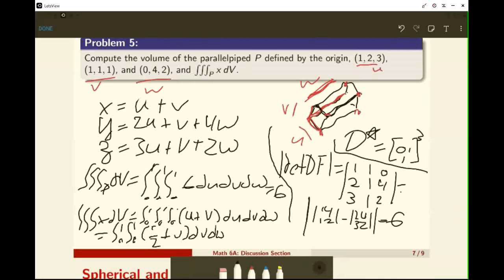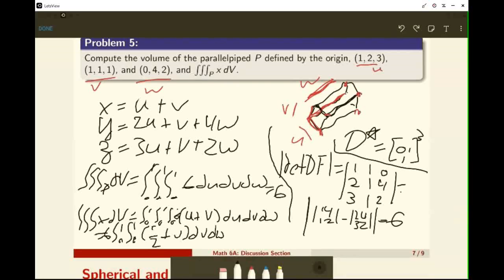Again, that's 0 to 1, and there was a factor of 6, which I forgot to write up here as well. The factor of 6, which is again the same, is the one that was coming from our change of coordinates, the determinant of that Jacobian. And then here, the 1/2 v plus 1/2 v squared is going to be our antiderivative.